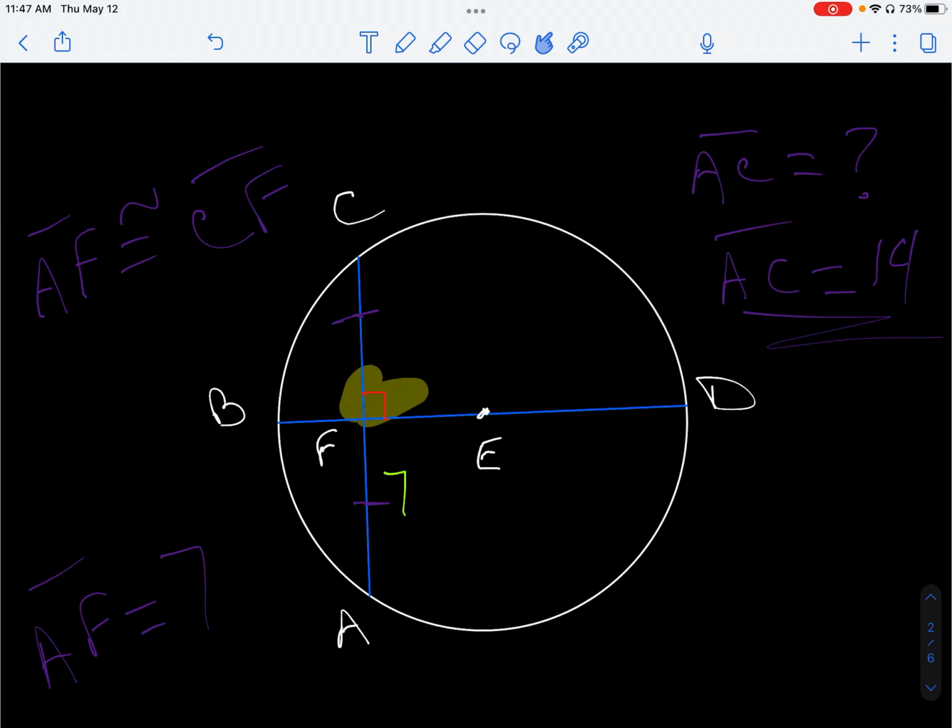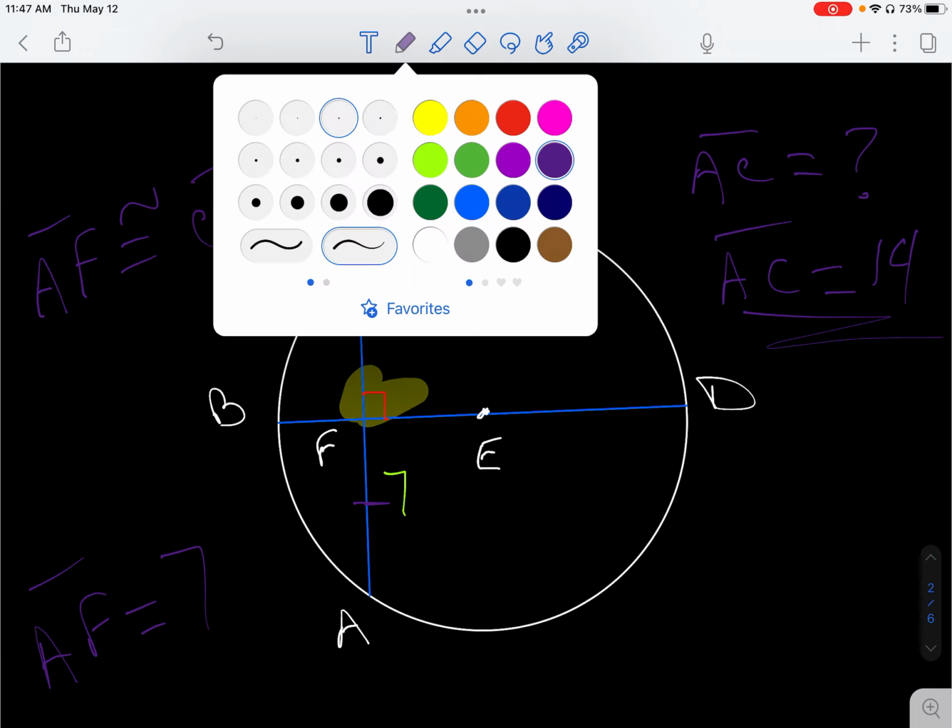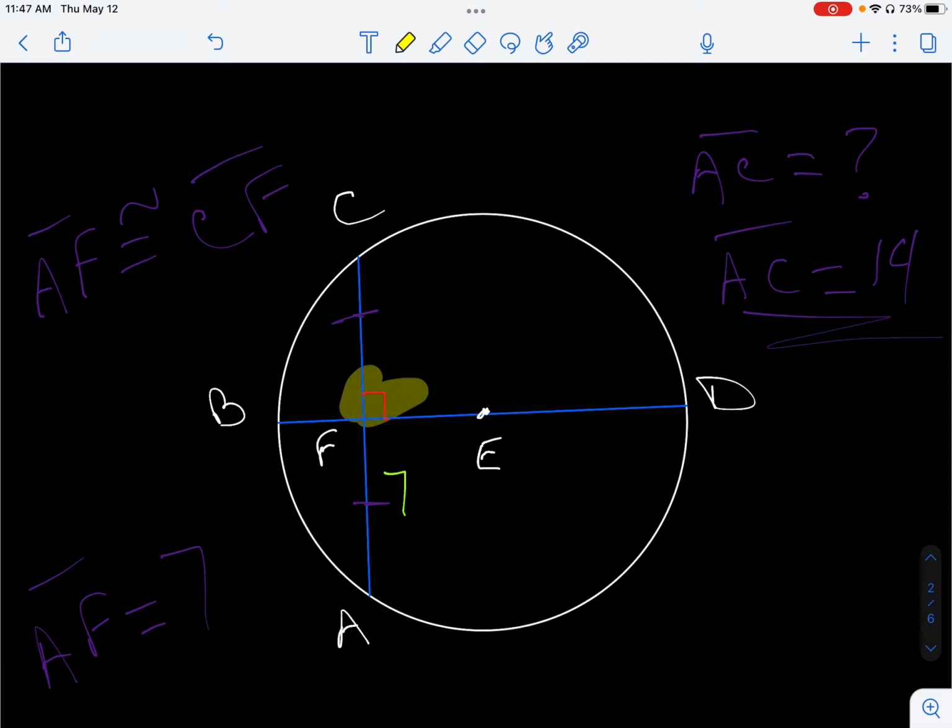Well, if we come back here and we know that BD cuts segment CA in half, then we also can figure that arc CB is going to be congruent to arc AB. If it cuts the chord that forms the arc and bisects it, it's also going to bisect the arcs.